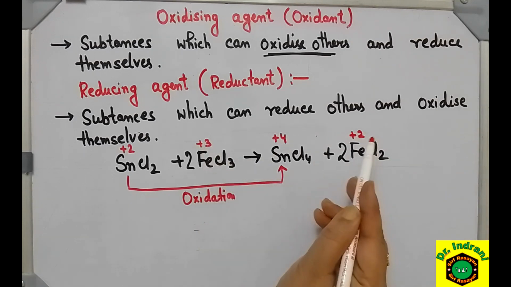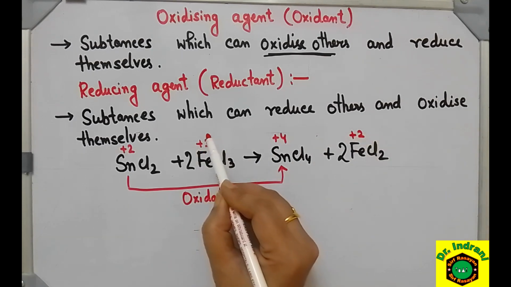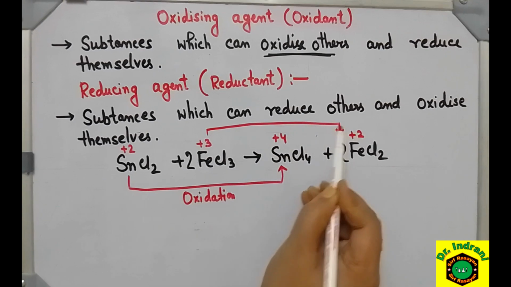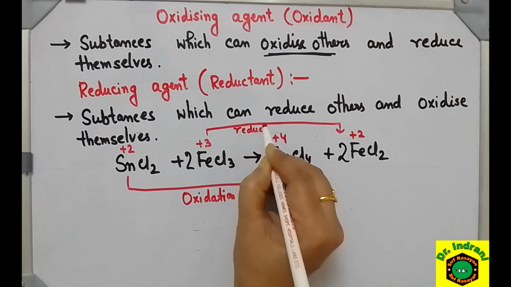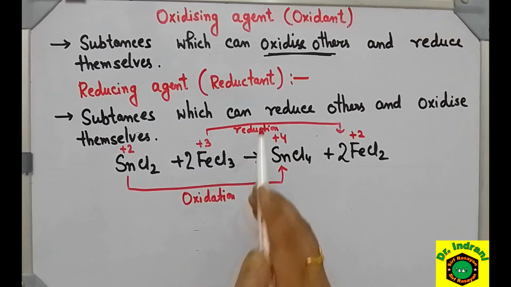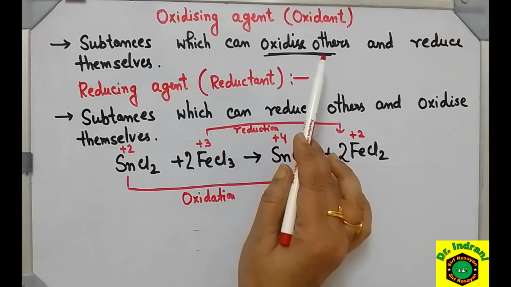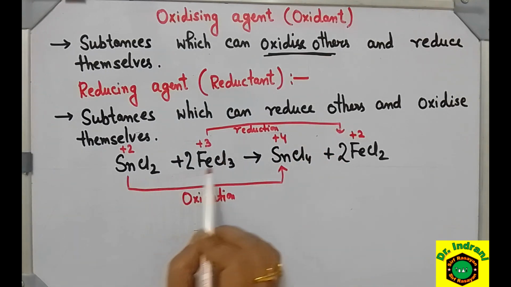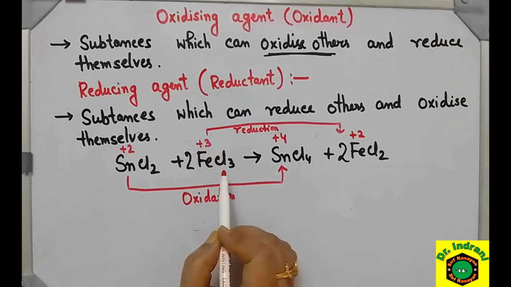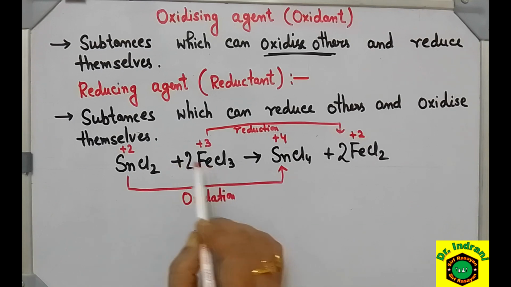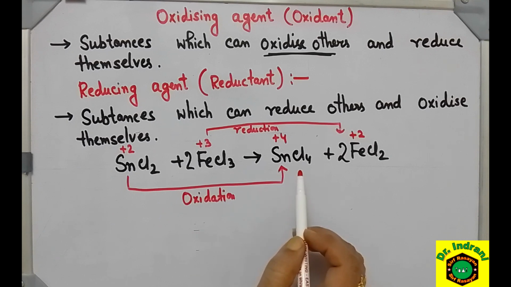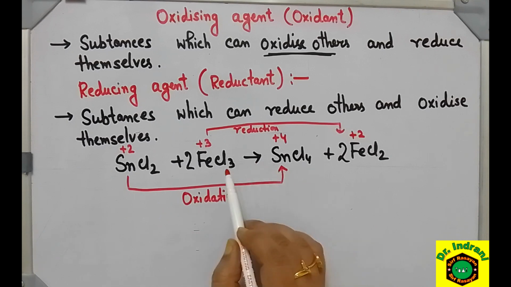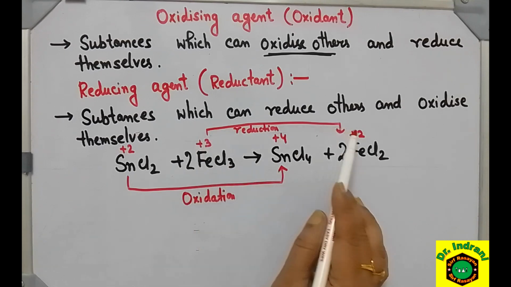So decrement of oxidation state is taking place, therefore it is reduction. So FeCl3, ferric chloride, is oxidizing SnCl2 to SnCl4. Therefore FeCl3 is oxidant or oxidizing agent and itself it is reducing.